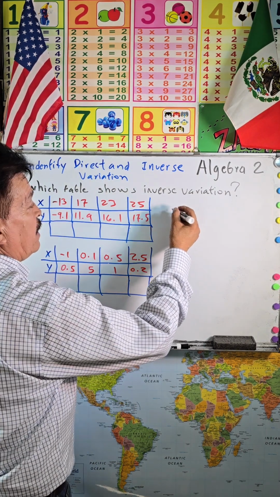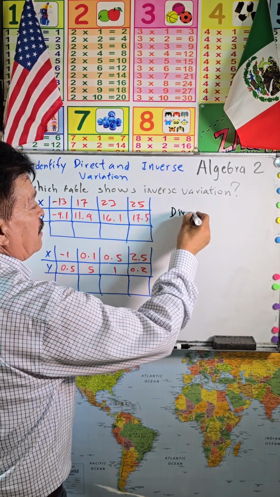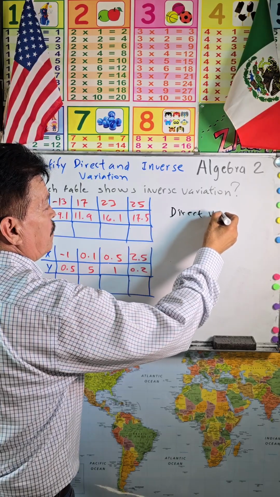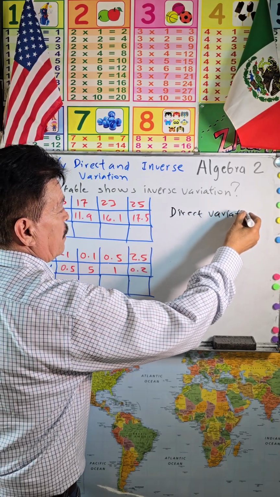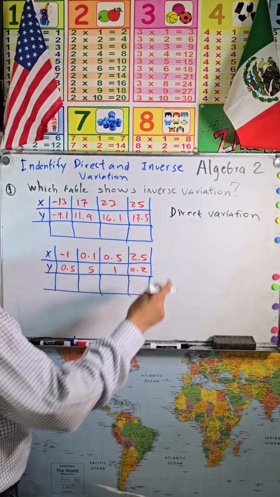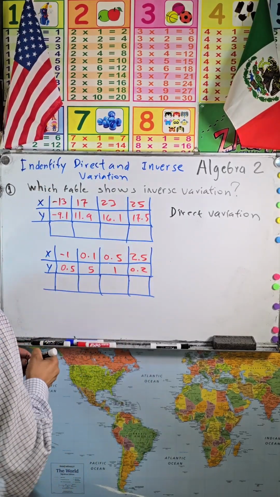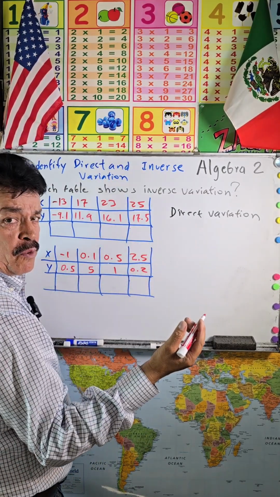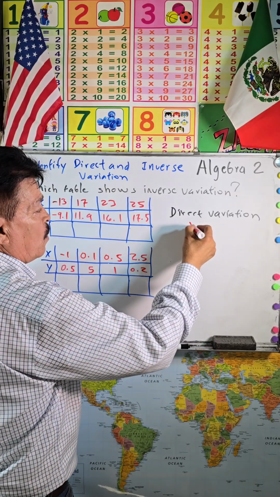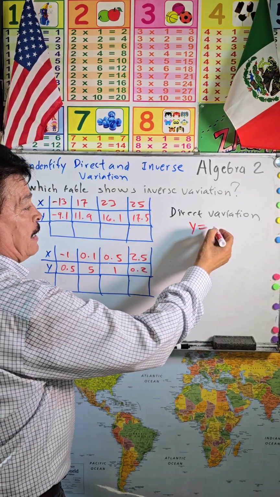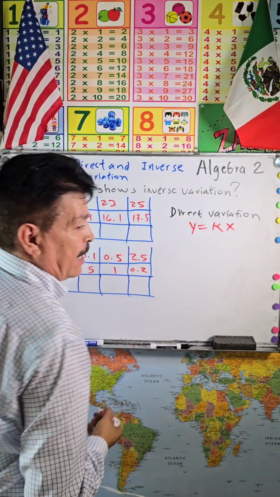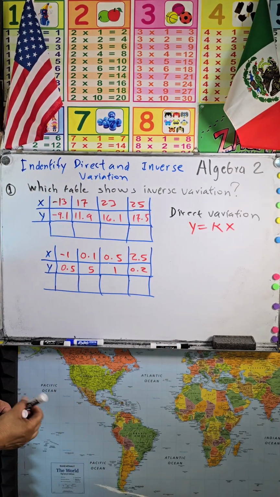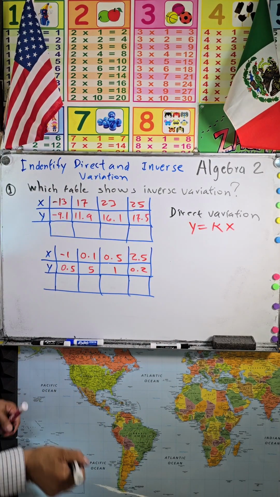Let me explain what direct variation is. We have this formula here. Why do we use these variables? The formula here is y equals k times x. This is a direct variation relationship.